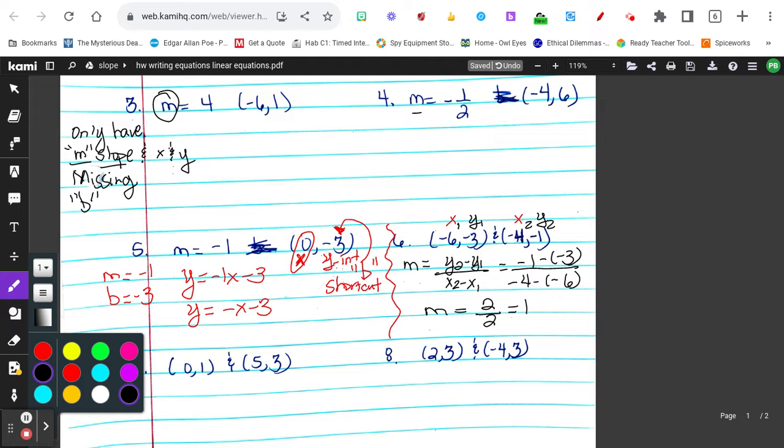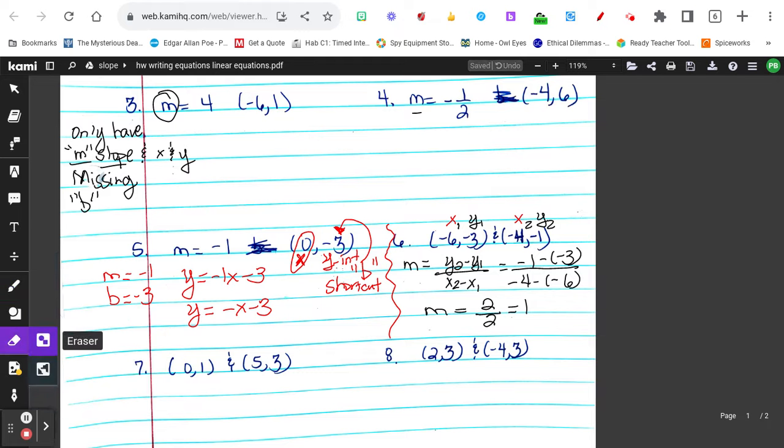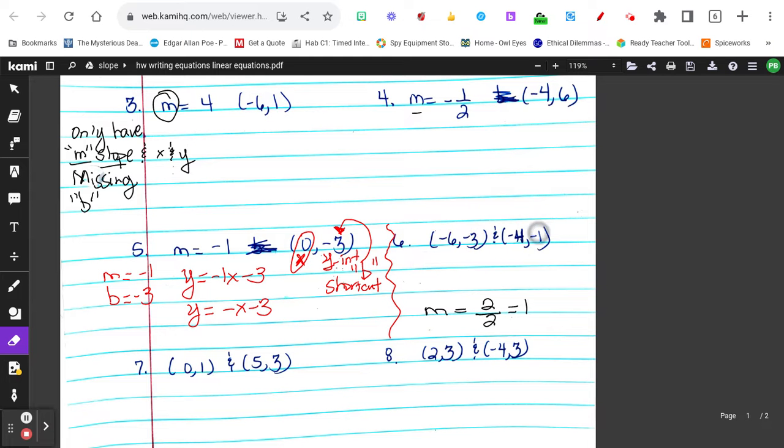I'm going to show you another way you could do this if you don't want to use the slope formula. You could put it in what I call table form. Let me show you. So you could put it in table form here.